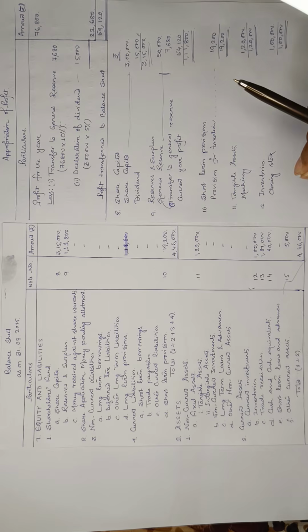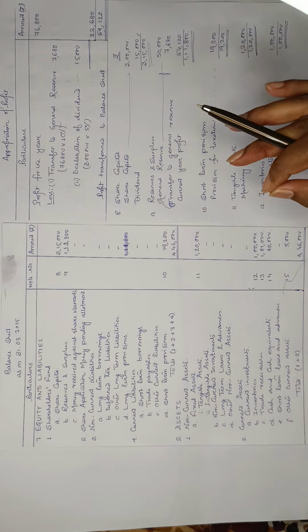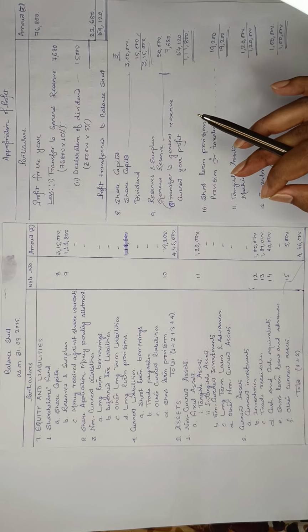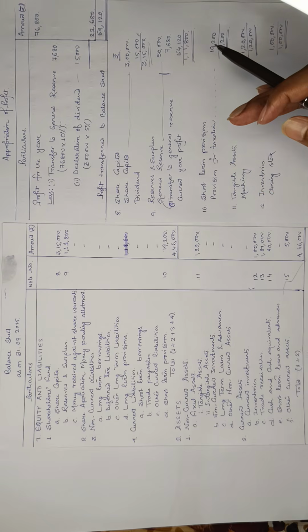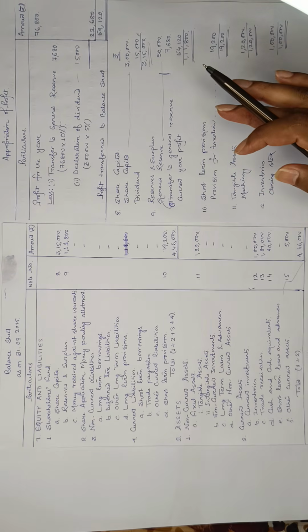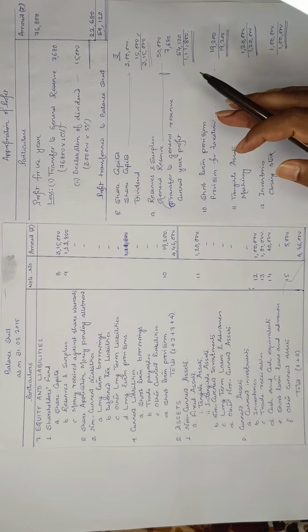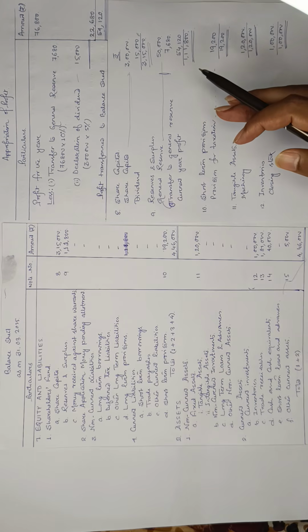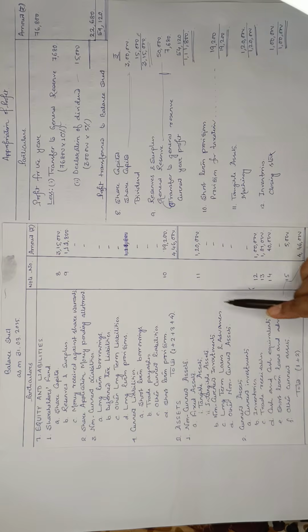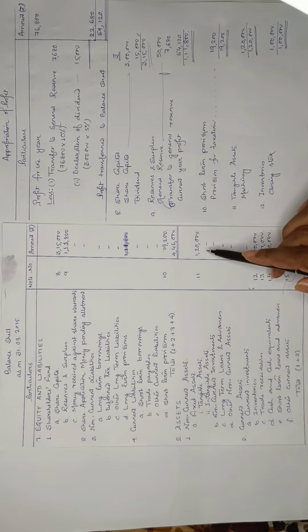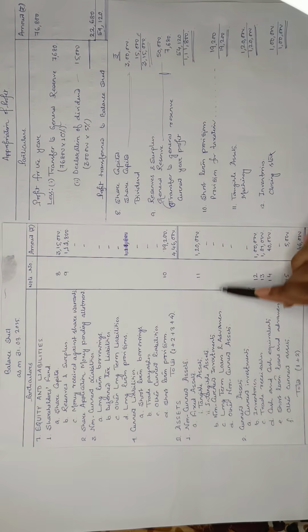Remember, if depreciation is mentioned in the trial balance, you are not required to adjust, because it is already adjusted. You will adjust depreciation only when it is mentioned in the adjustments. So here the tangible asset is 1,20,000. No intangible assets, no investment, no long-term loans and advances, no other non-current assets, no current investment.